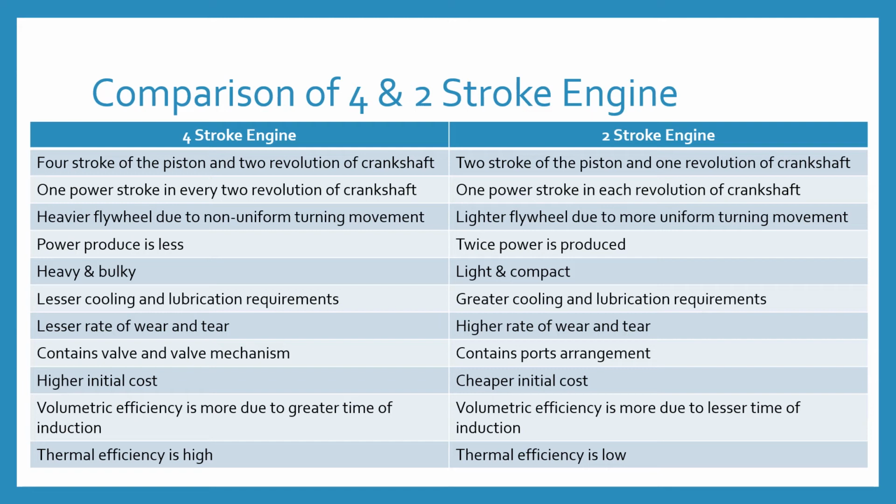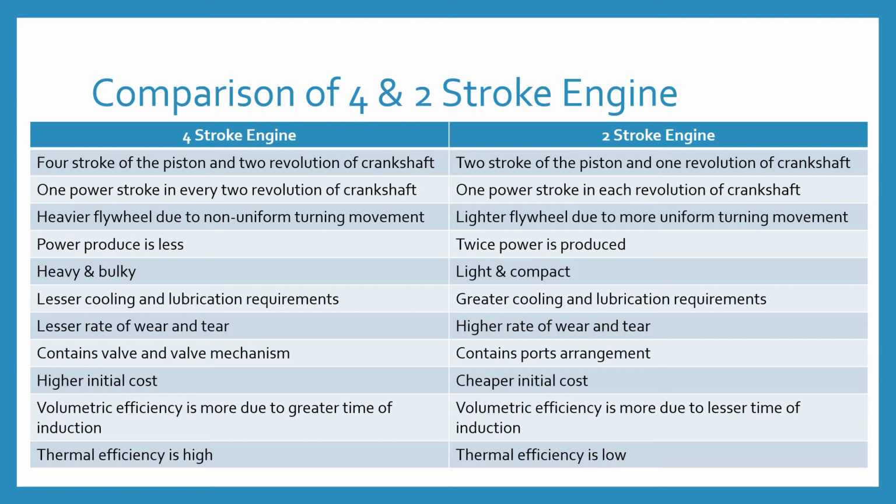In the 4-stroke engine, power produced is less. In the 2-stroke engine, twice the power is produced compared to the 4-stroke engine. The 4-stroke engine is heavy and bulky. The 2-stroke engine is light and compact. In the 4-stroke engine, there is a lesser cooling and lubrication requirement.